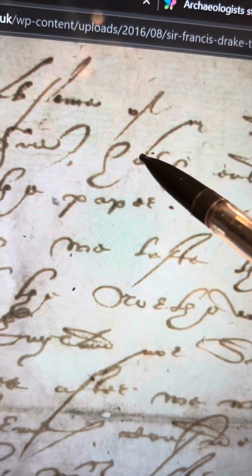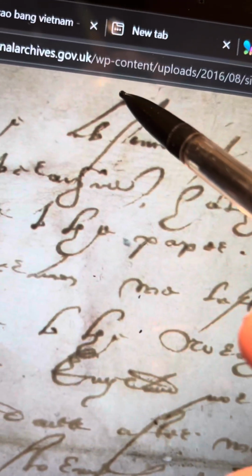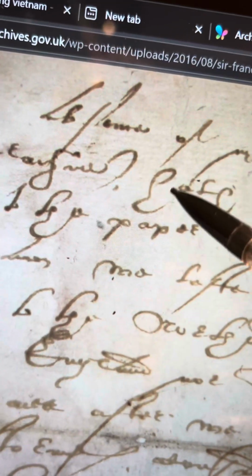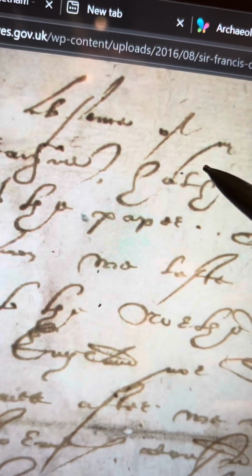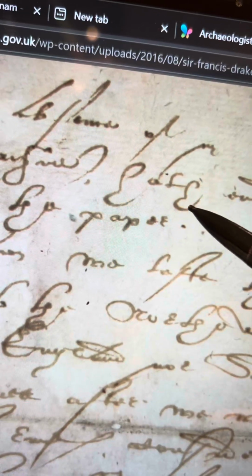Now look at this very flourished A. Bit different, but same idea as this one. So hath, and then your T, and then the H again.